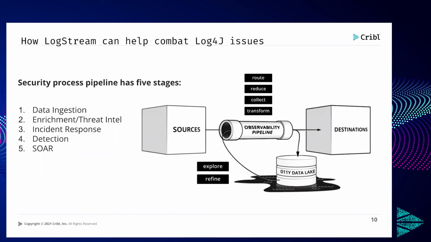You can say, I want all the data that's in scope for this asset from this time period to this time period. LogStream will pull that data out of the object store and dump it back into your platform system. That way you're looking at the forensic copy of all the data, so that your incident response team can reconstruct what happened and start looking for indicators of lateral movement.